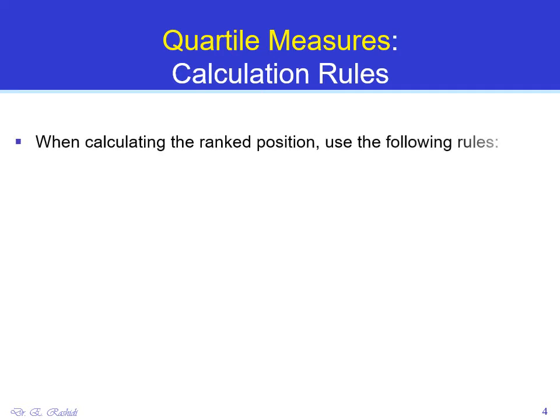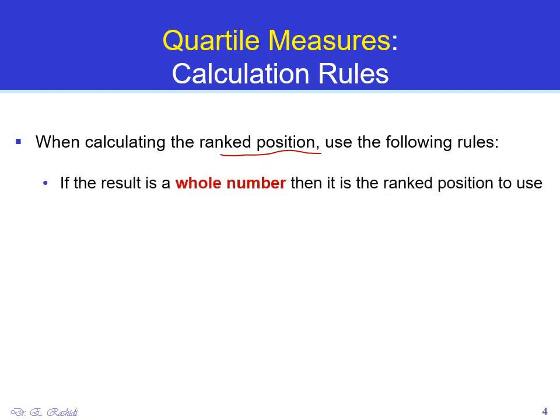When calculating the ranked position, that means that you have ordered your data from the smallest to the largest, you want to find the position, the location of your quartile. If you use the formula and the result of the formula is a whole number, for example, you want to find the position of your first quartile, you use the formula n plus 1 divided by 4.